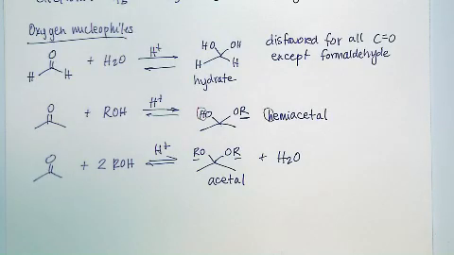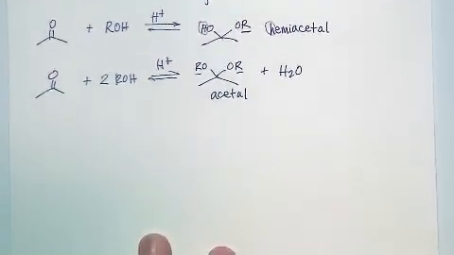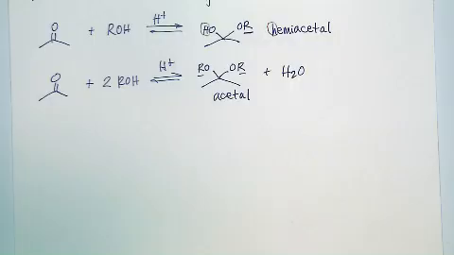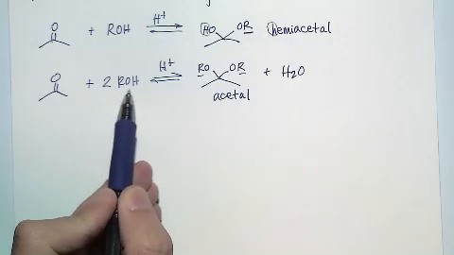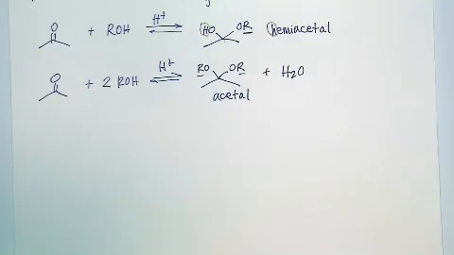If you have a better mnemonic, feel free to use it, but okay, so when we have two alcohols, we get one R group attached to each of the oxygens.